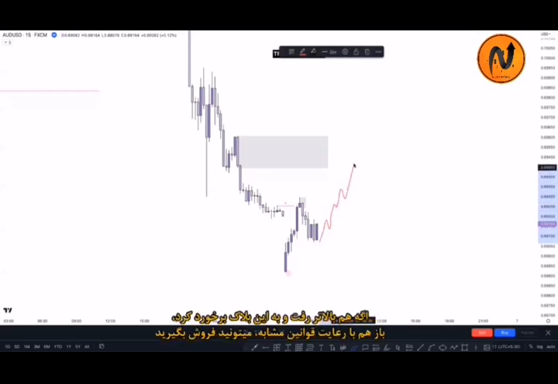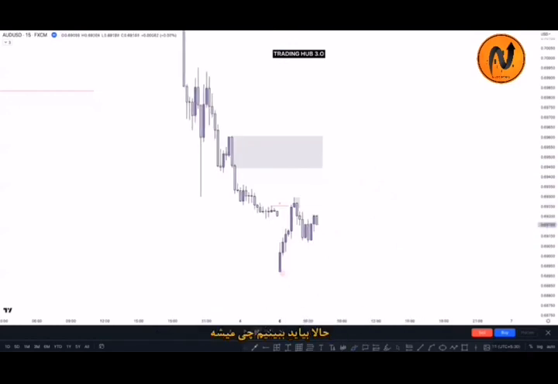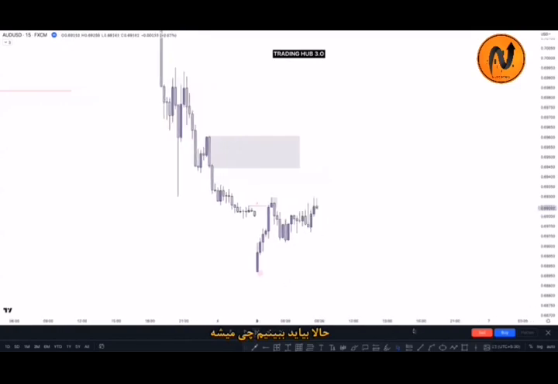If price continues to go higher, makes a higher high and taps here, then you can sell into the downside, right? So let's see what happened next after this one.